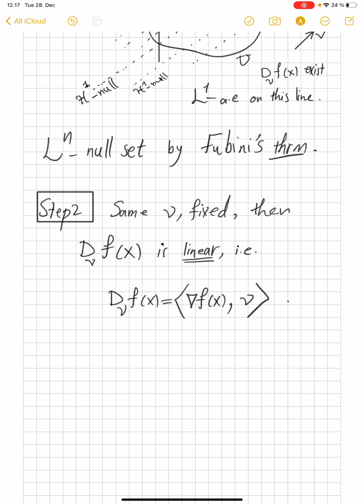Okay, so the important part is to show that it is in fact linear, and the proof of this is this one-dimensional integration by parts, which we specifically mentioned that it holds for Lipschitz functions.